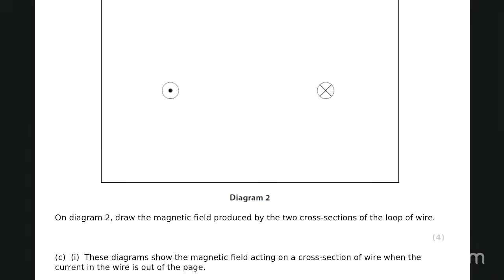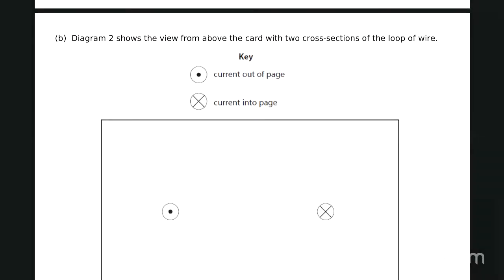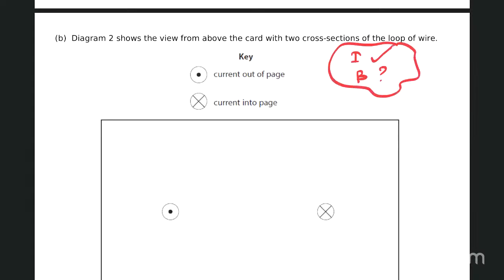Right. So now what they are focusing on is they have given the current direction. I is given, current direction is given. And they are asking for the magnetic field direction, right? So if it is just I and B, current and the magnetic field direction, then we are using the right hand swirl rule.